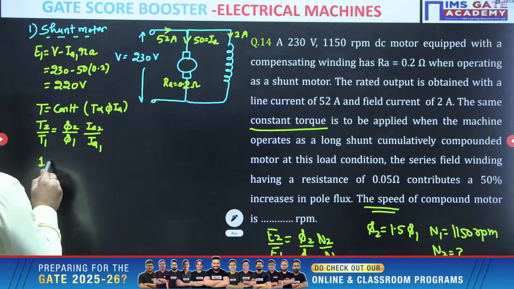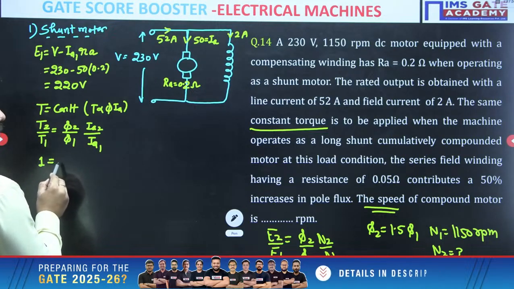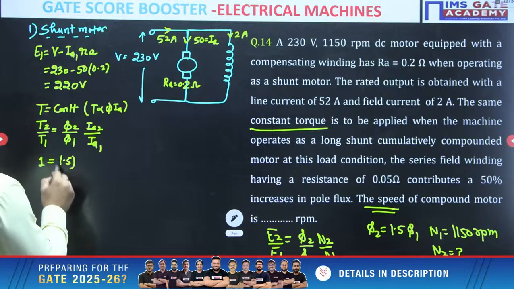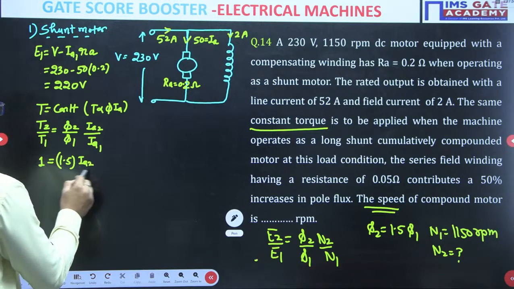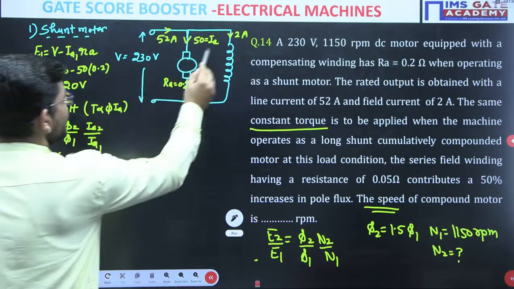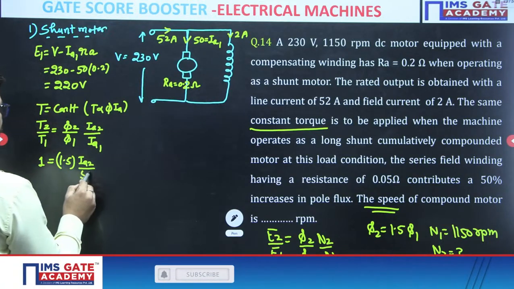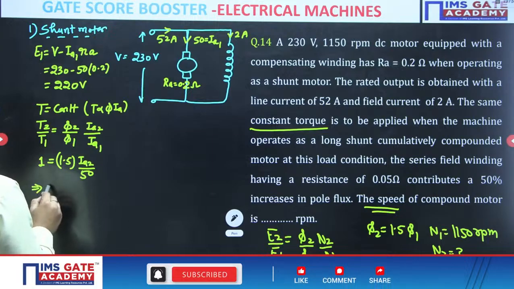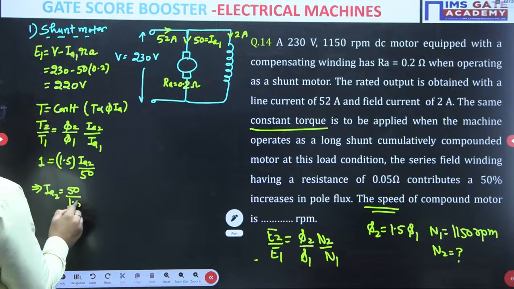So this is given constant, so we will get 1 here. Phi 2 upon phi 1 will be 1.5. IA2 upon IA1, where IA1 is this current, which is 50. So what will be our new armature current? Our new armature current will be 50 upon 1.5, right.